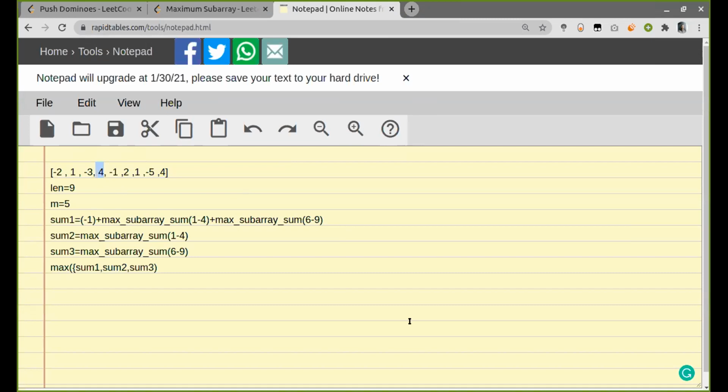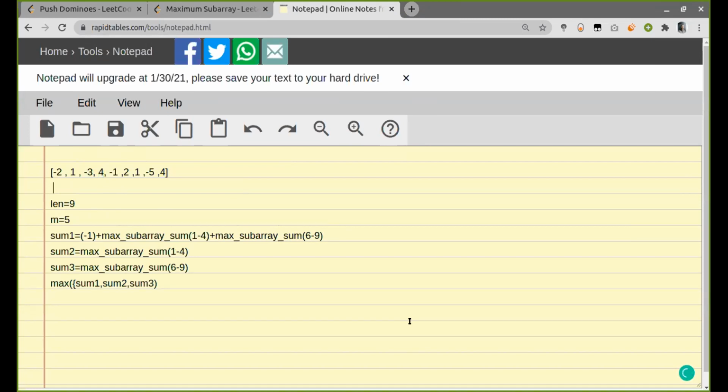Then you will see 4 plus -3, it will be 1. So it will be 4 here, and here it will be 1, then 2, and then 0. So here we will be choosing only the maximum suffix part. So 4 will be included.